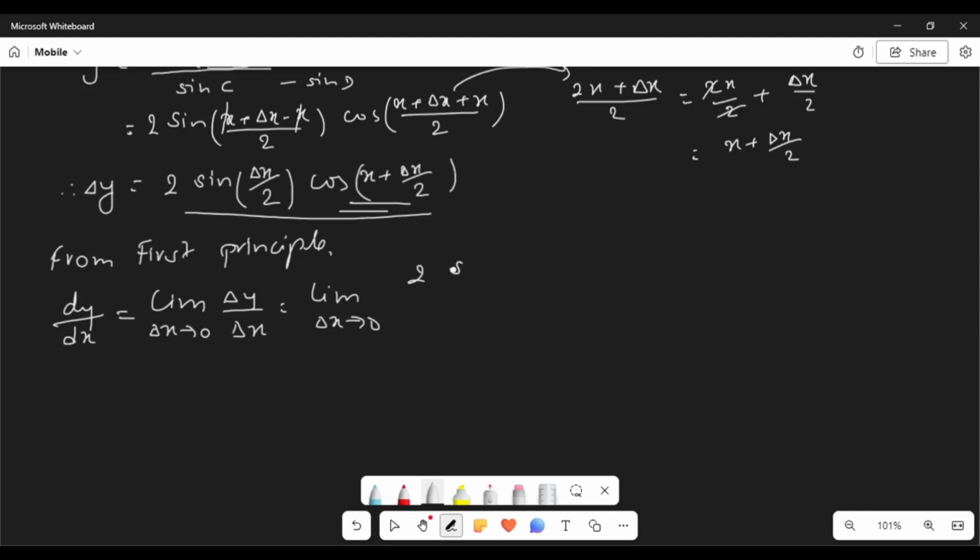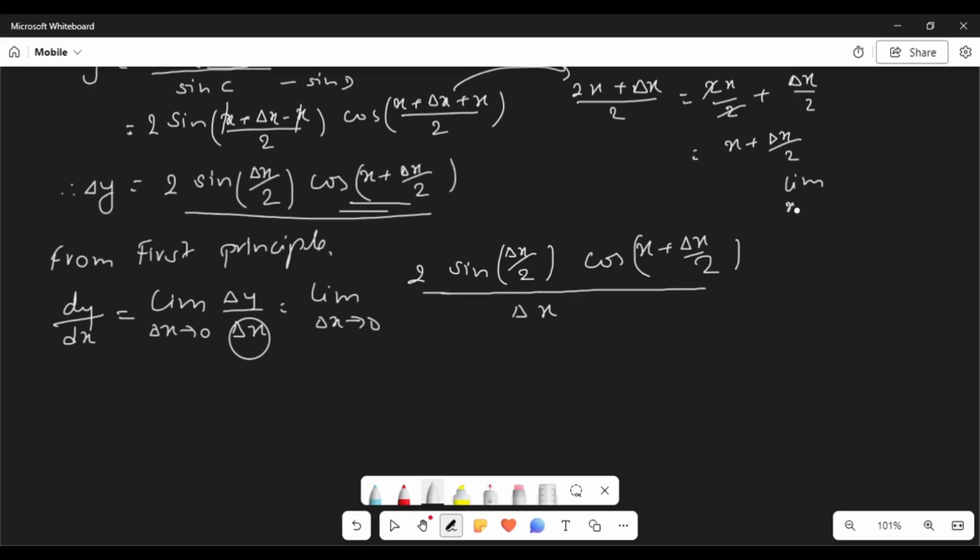So it is 2 sine del x by 2 cos x plus del x divided by 2, whole divided by del x. Okay, divided by del x. Now remember, we said earlier we have to use this formula whenever we have to find derivative of trigonometric function. Right. Now let's see here.